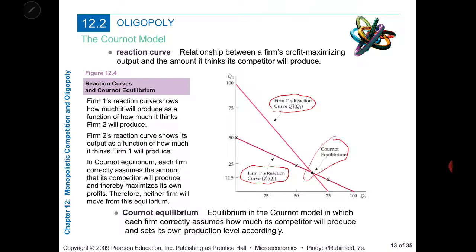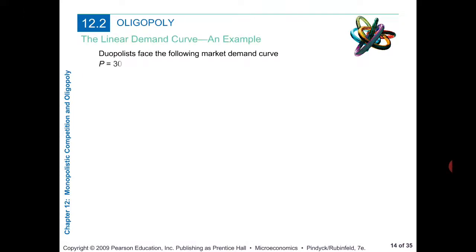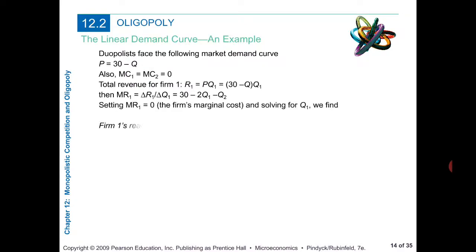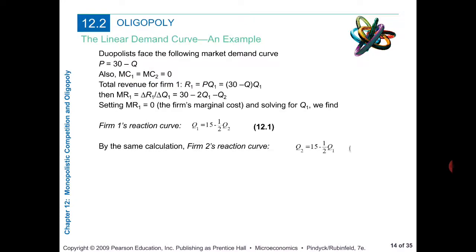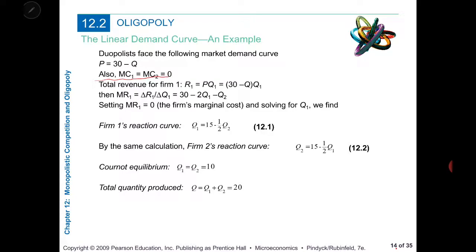Now let's look at the mathematical illustration for this model. We have a market where the demand is P equals 30 minus Q. To keep things simple, we say that both firms have an identical MC, and that MC is set at 0. From the perspective of firm 1, we find their revenue, which is P times Q1, the revenue that firm 1 receives from producing its own output.